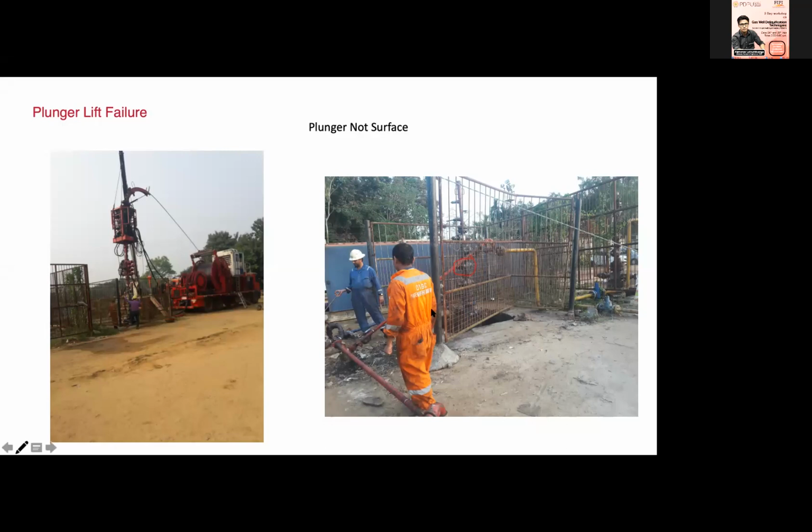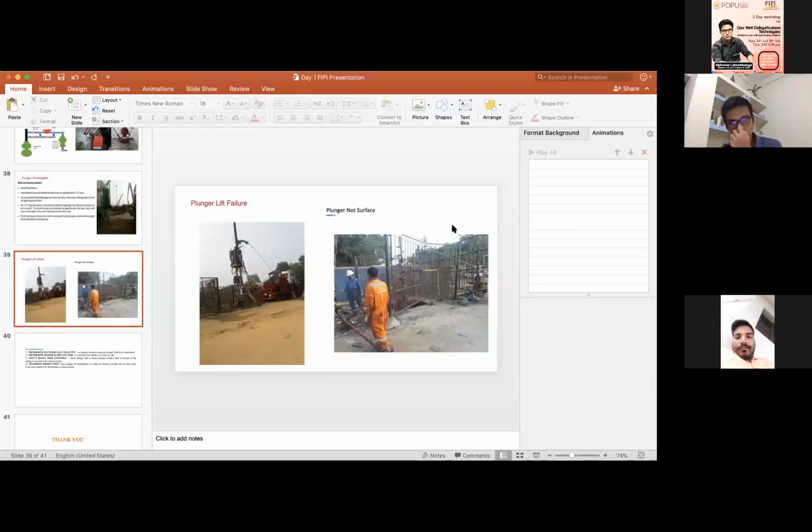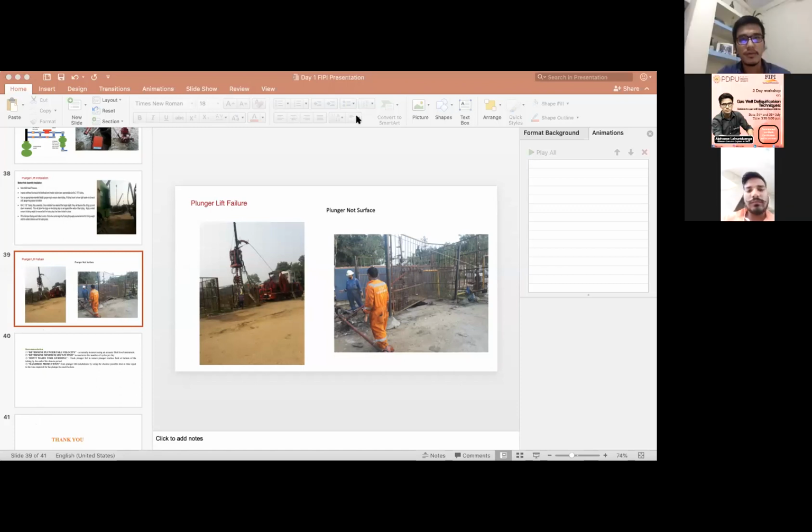And I'm going to show you the deviation. This is the well that was deviated, and when we were calculating the dogleg severity, now I'll just show you how we calculate it.